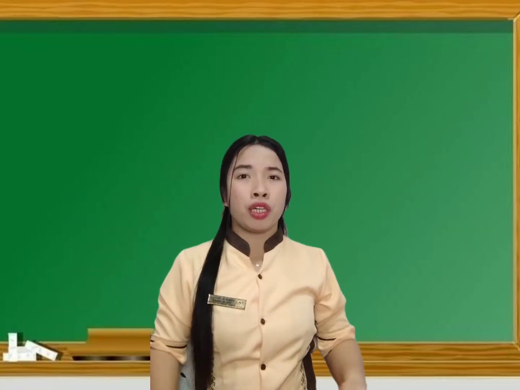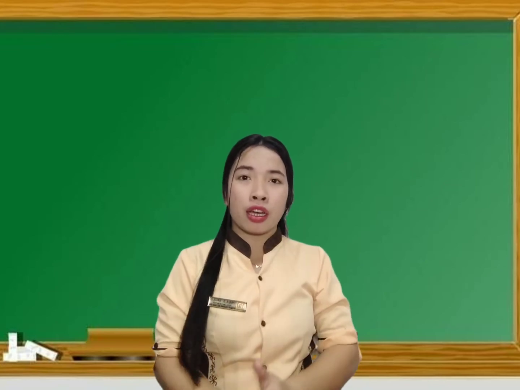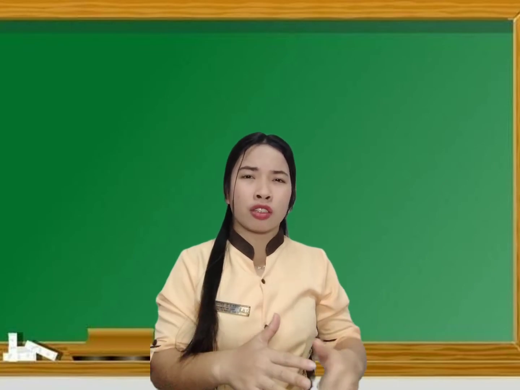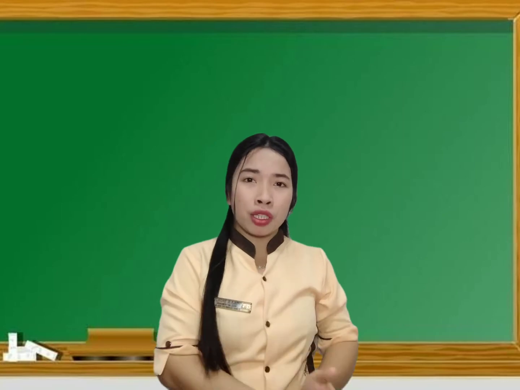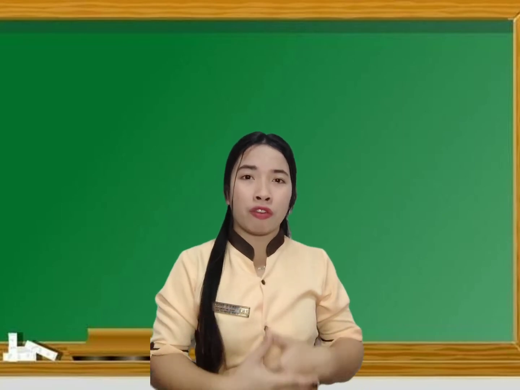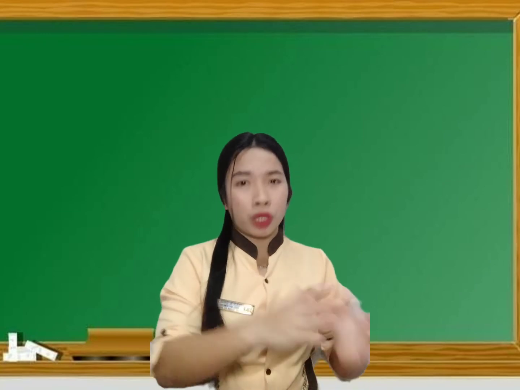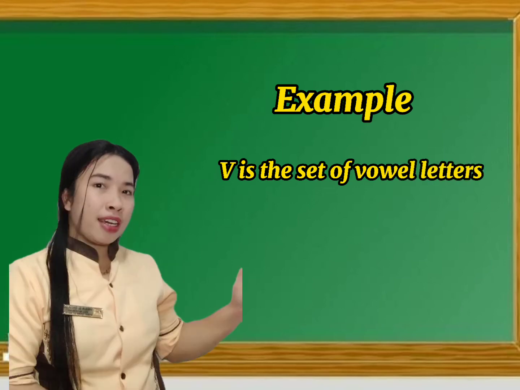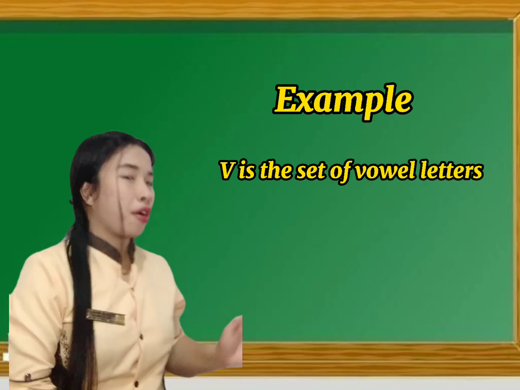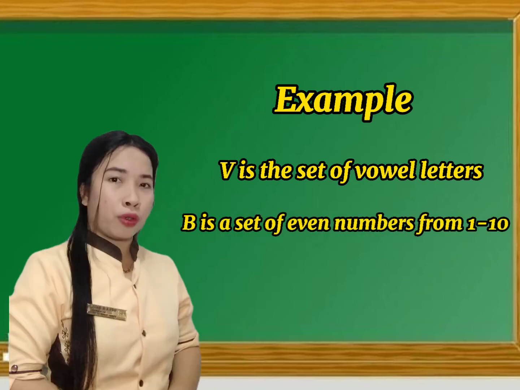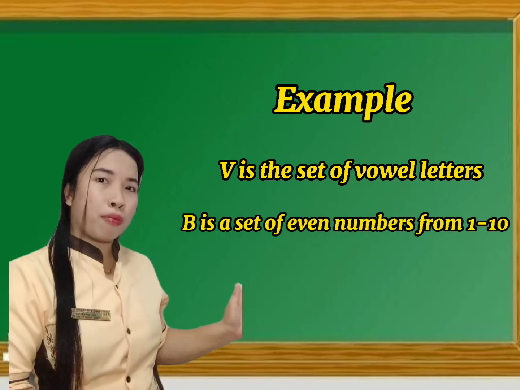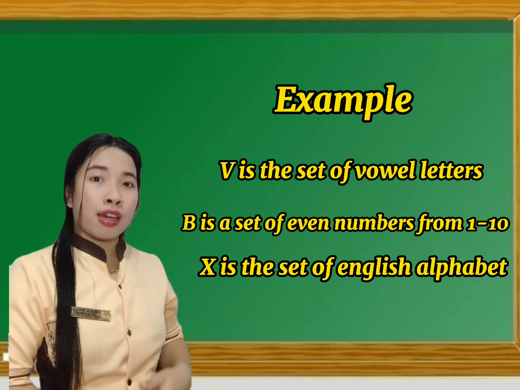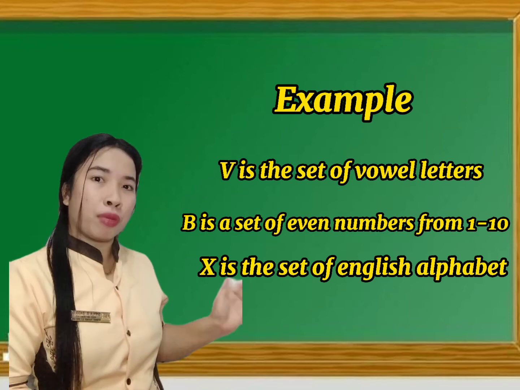The difference between the roster method and describing the elements is that in the roster method you need to list all the elements, while in describing the elements we need to describe the elements clearly in words. Example, V is the set of vowel letters. Next example, B is a set of even numbers from 1 to 10. Next example is X is the set of English alphabet.